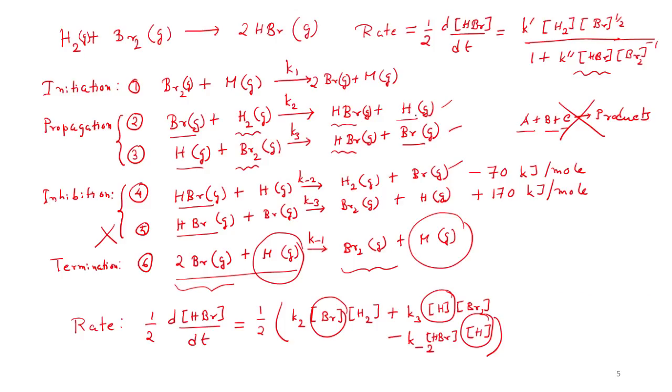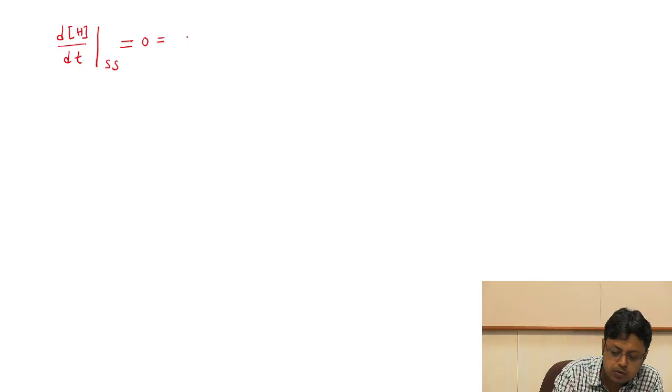The second equation was bromine reacting with H2, so it is K2 times the bromine radical into H2, minus K minus 2, or we can first write the K3.